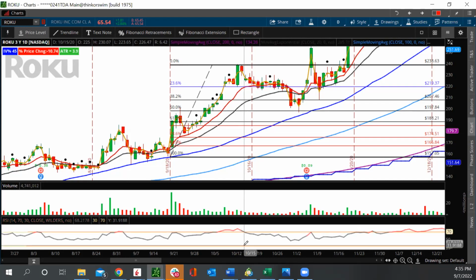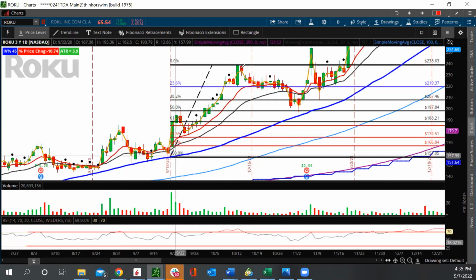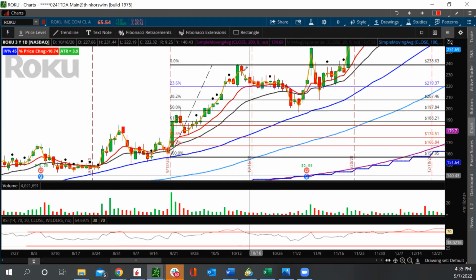When you are using this in conjunction with the fibs, if you throw your fib on here in this move, you can see that right up here it was overbought. So what does that mean? When it's overbought, it doesn't mean for sure that it's going to retrace or pull back, but it is something to be aware of, because price can stay overbought and oversold for a long time.